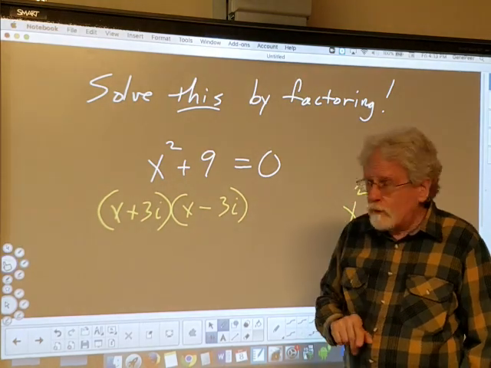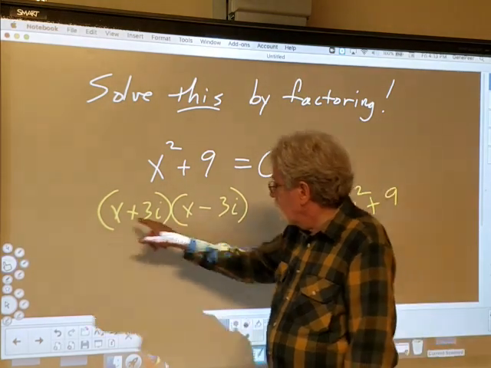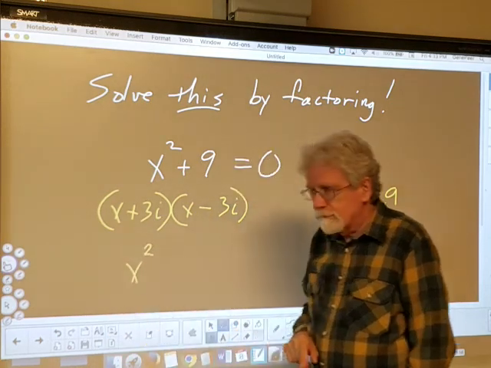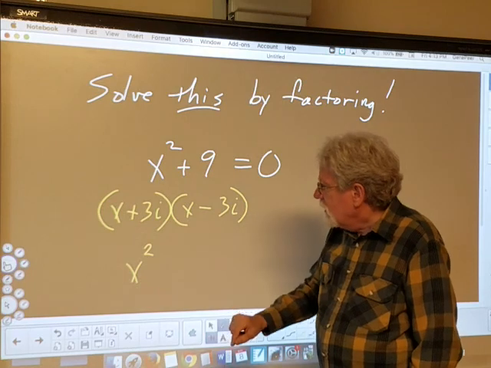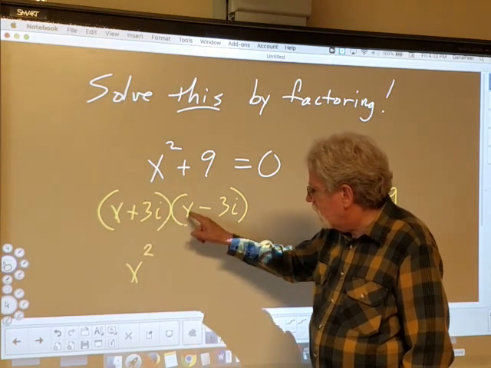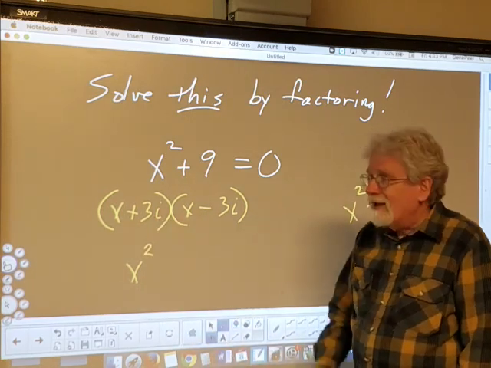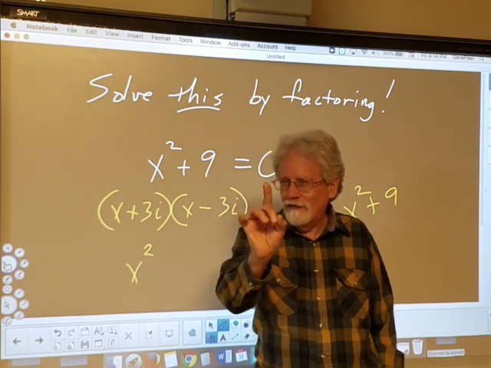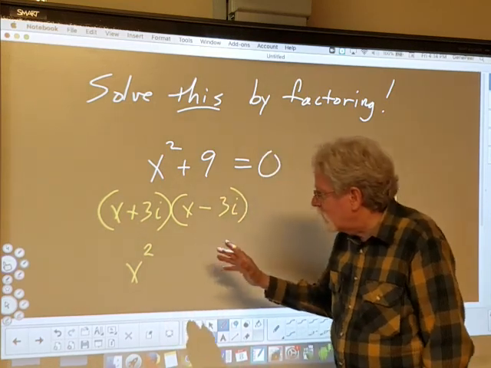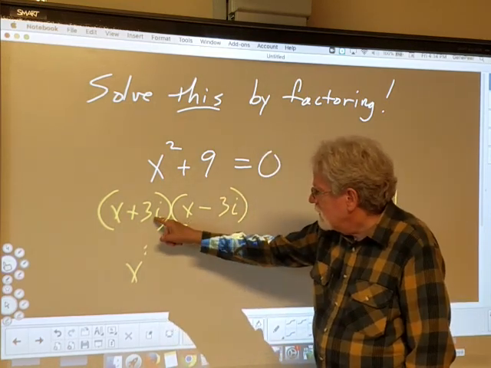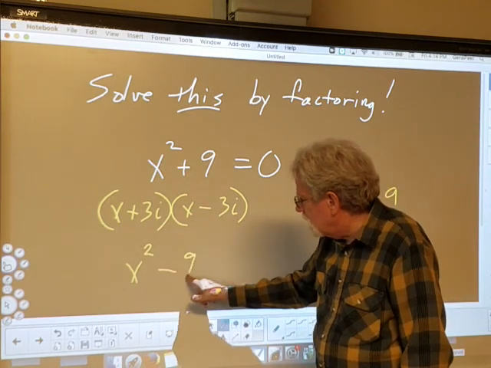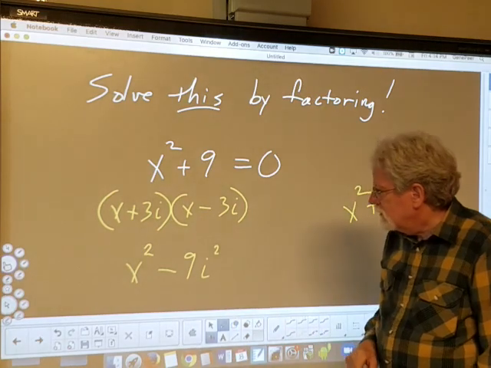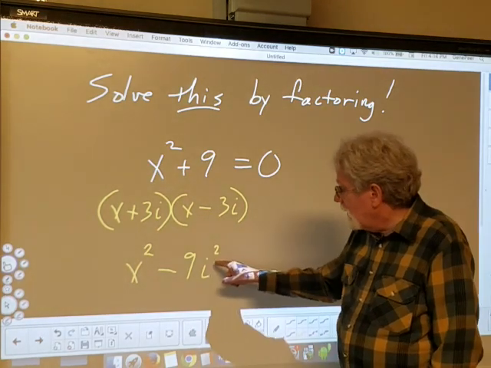Now if we apply FOIL, firsts gives us x squared, outers gives us negative 3ix, inners gives us positive 3ix, they cancel. And the lasts, this is the beauty of it, the lasts gives us 3i times negative 3i, which would be minus 9i squared. But what's i squared?